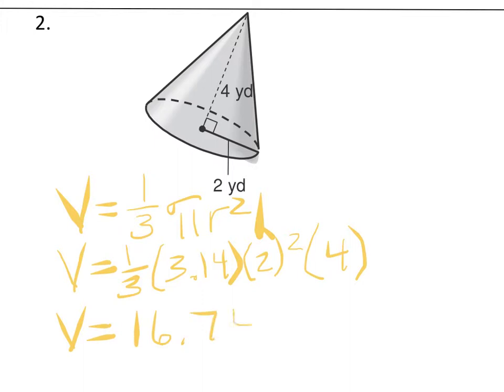16.74 yards cubed. Remember, we want to round to the nearest tenth. One way you can do that is you can think on a number line, 16.74 would be between 16.70 and 16.80. So is 16.74 closer to 16.70 or 16.80?